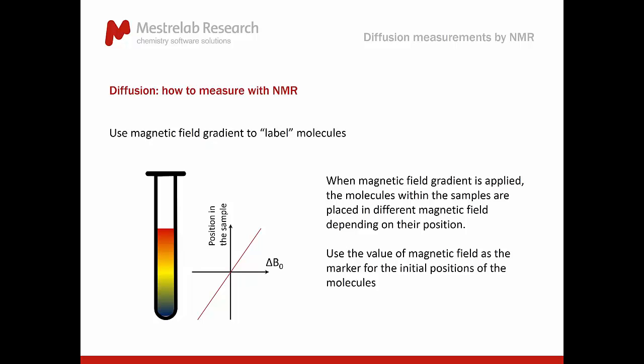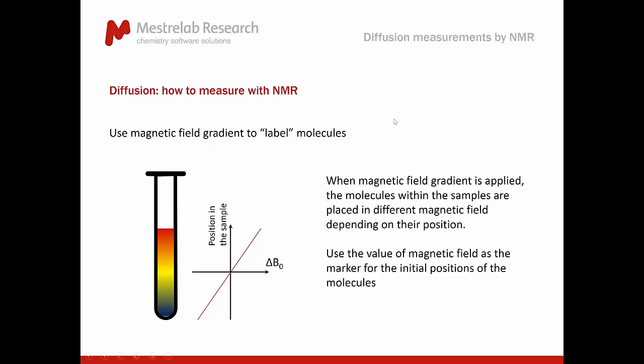So every point in the sample has a little bit different magnetic field than a point above or below. This is a simple graph which shows this dependence. In this case, we use our magnetic field as the marker. So the field that each molecule experiences at the beginning of the experiment is our initial condition.